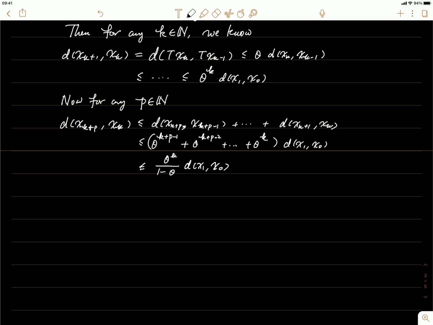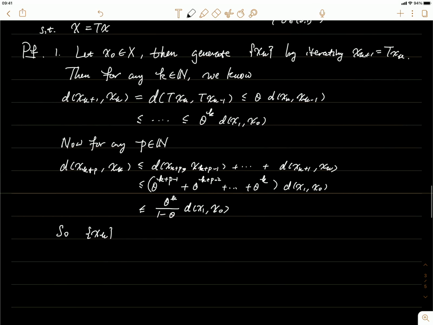And the point here is that d(x1, x0) is a fixed number, and theta to the k is approaching 0. So as long as k is sufficiently large, I can make this arbitrarily small. It doesn't matter what p is. That's why the sequence generated by this iterating procedure is going to be Cauchy.